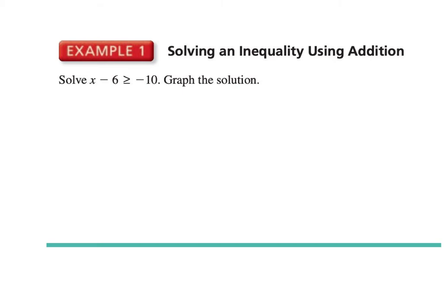So guys, when we're solving these, the inequality, which says less than or equal to, we are going to treat this just like an equal sign. Now, it doesn't mean it has the same properties as an equal sign.